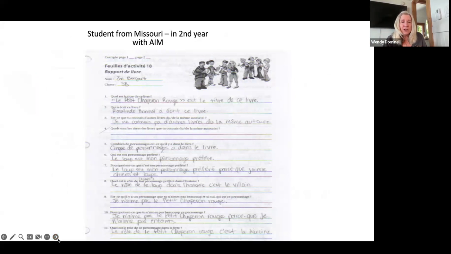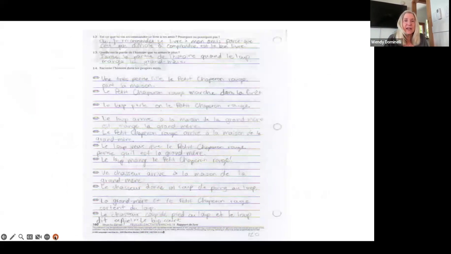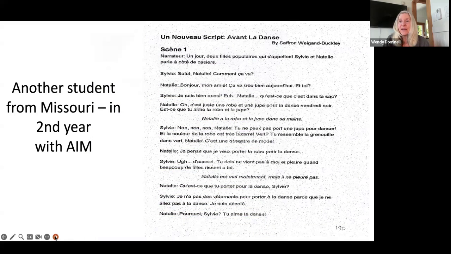So we also work a lot on outside stories. We give the students the opportunity, especially the older ones, and as they move through the kits, to read stories outside of that core AIM story, and to do retellings or extensions, as we see here, based on another story that they could write, from one of the AIM readers, or any story that students are interested in the second language.